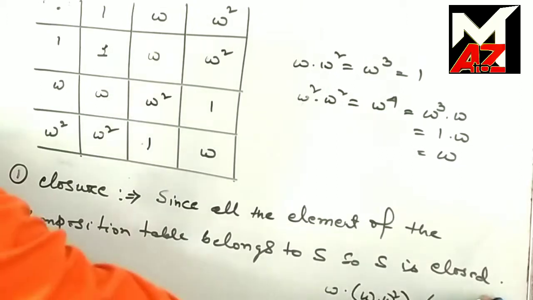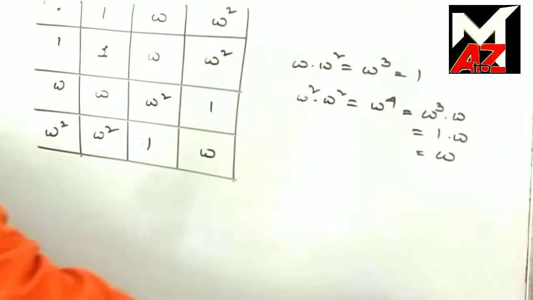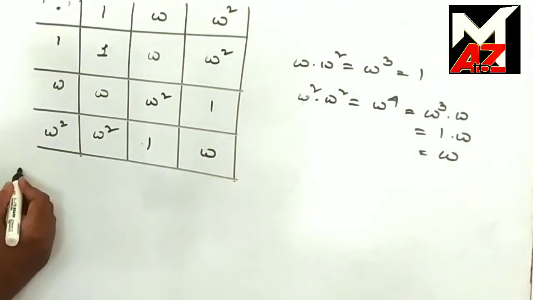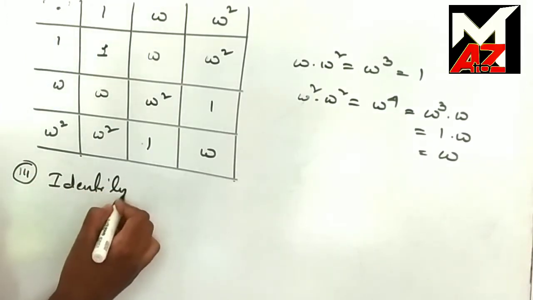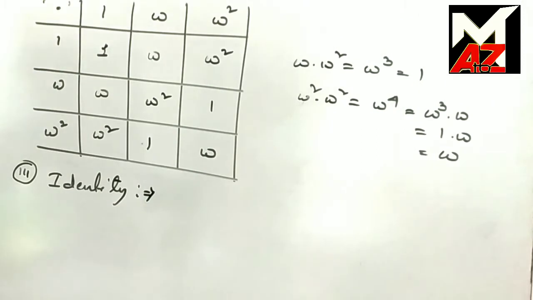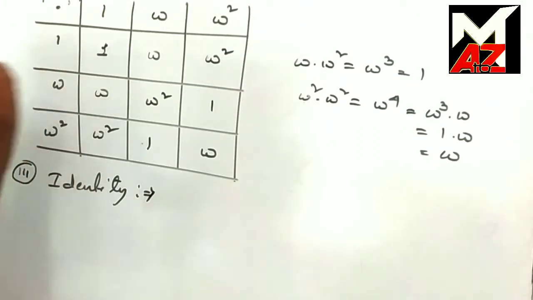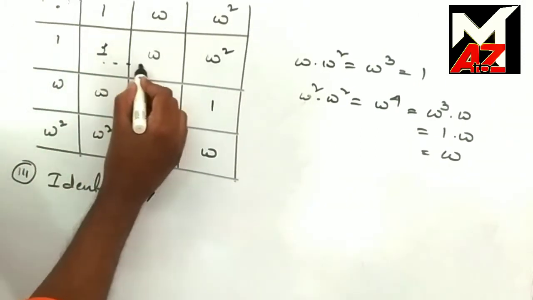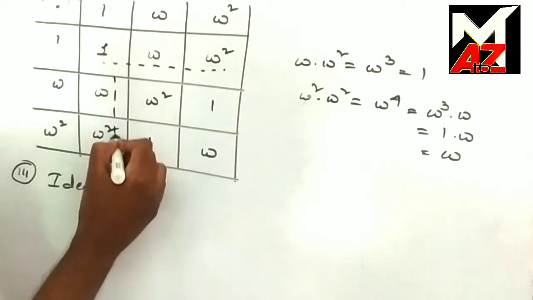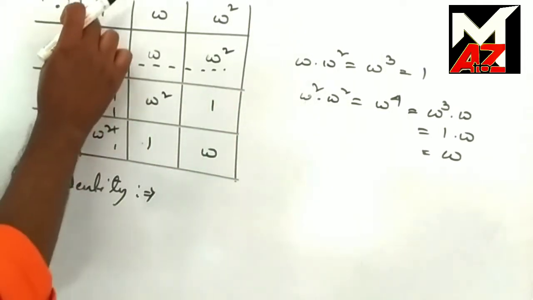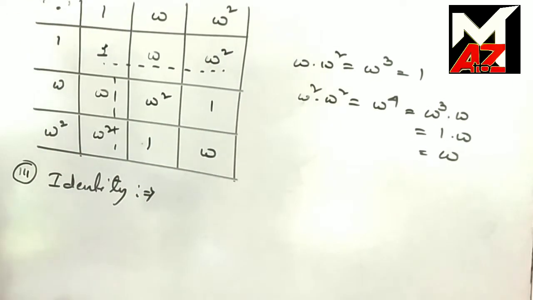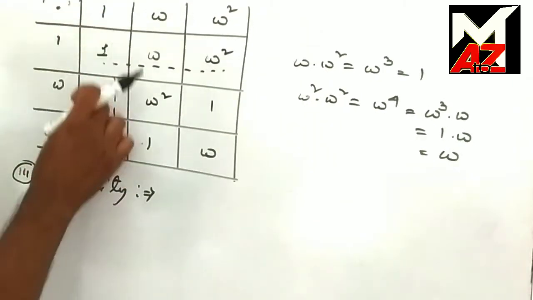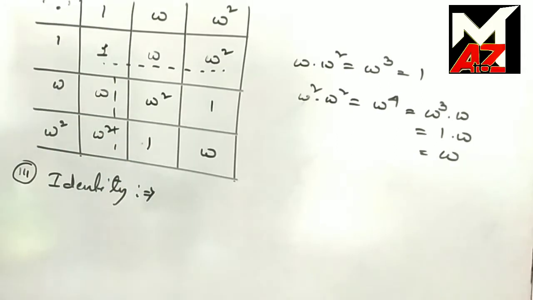Now we go to the third property, that is identity. Here we see that the first row and the first column are the same. That is, here 1, omega, omega square, and the first column is also 1, omega, omega square.